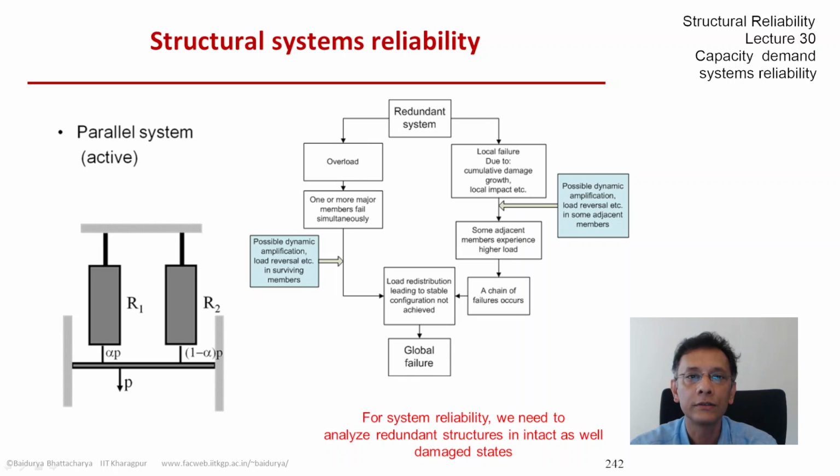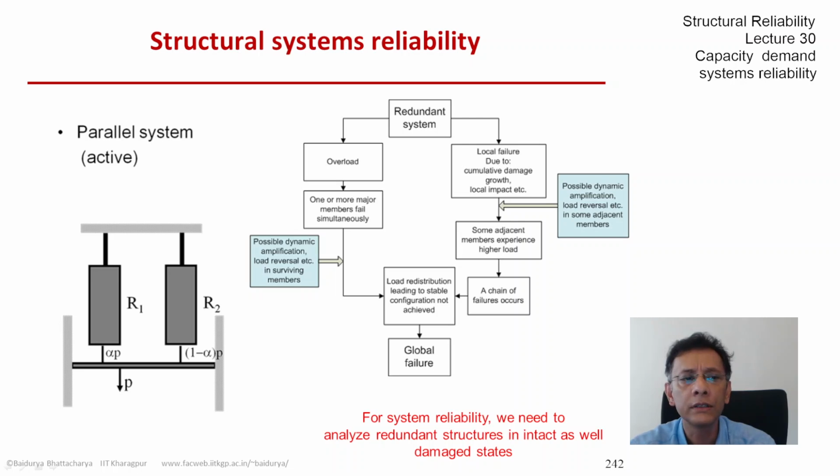Now, I'm using this phrase pick up the slack deliberately because it is not necessary that if one member fails, it will not be able to carry any load at all. And this is one of the peculiarities of a structural system, that failure does not mean complete loss of load carrying capacity. The material may behave in a manner that some residual load carrying capacity may still remain after the member fails in some sense.